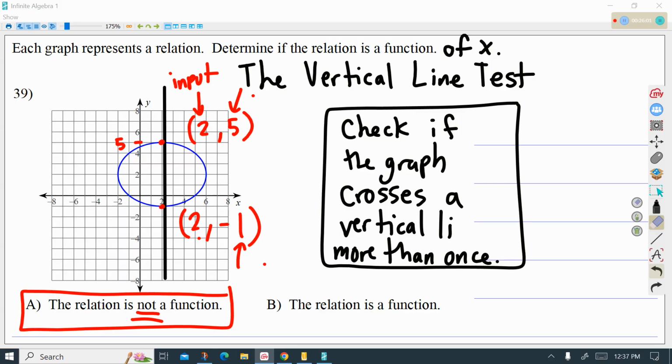All right, so that's the idea. That's the vertical line test. So we'll go use this on these problems.